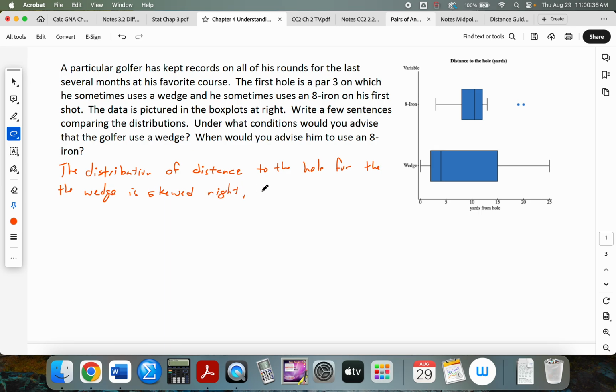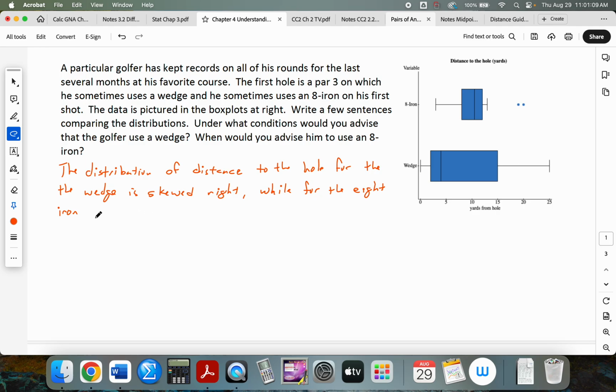While for the 8-iron, it's kind of a mixed bag. It's like it's skewed left with a couple of outliers on the right. So what would that make it? I would say it appears skewed left with a couple of outliers on the right.